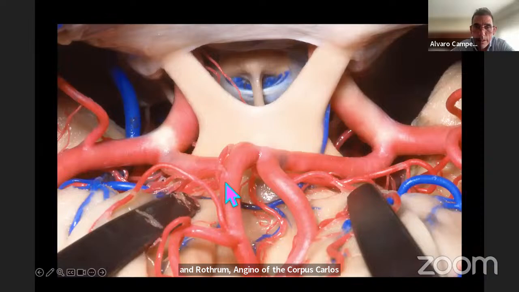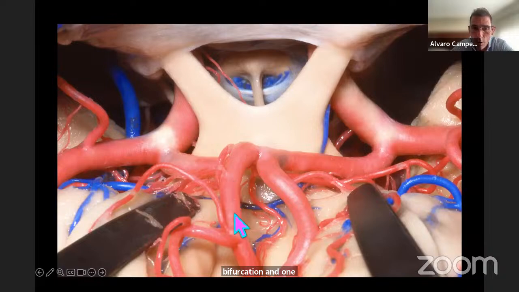So here, in this surgical subfrontal view of a specimen, we can recognize the left optic nerve, right optic nerve, chiasm, carotid artery, bifurcation on the left side, M1, A1; on the right side, carotid artery, bifurcation, M1, A1, ACom artery complex, and also A2 on the left and right side.